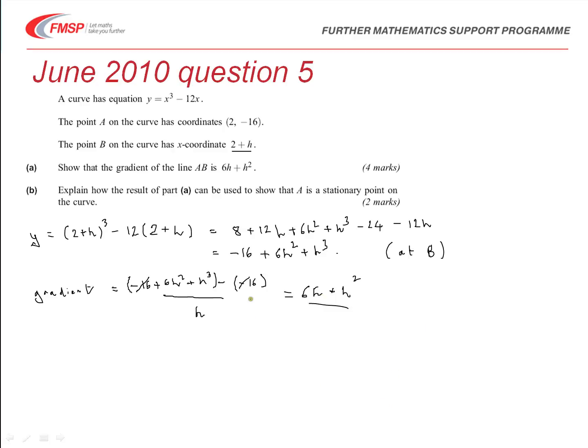So where are we picking up the marks in this first part? Well, you'll get a method mark for stating how you're going to find the value of y at the point B, and making some sort of attempt at simplifying that and obtaining this statement here will give you 1 mark.